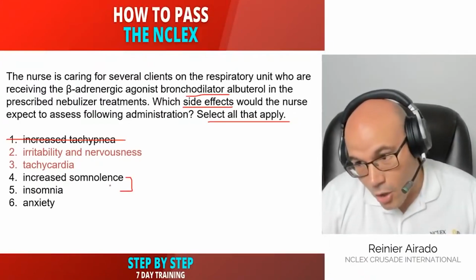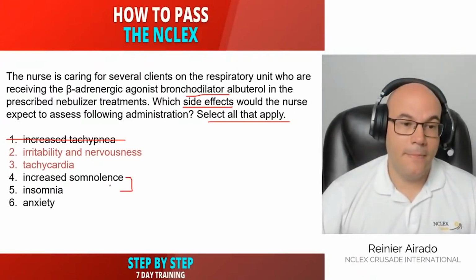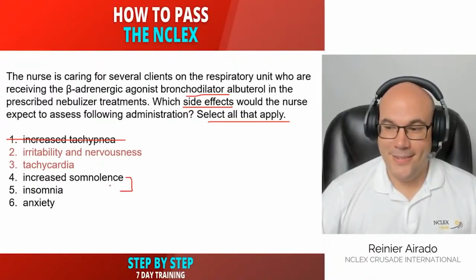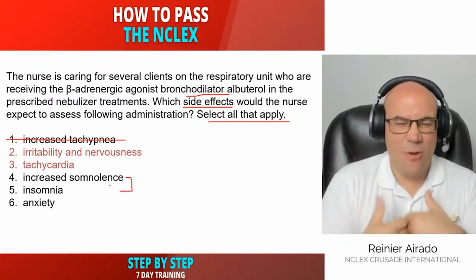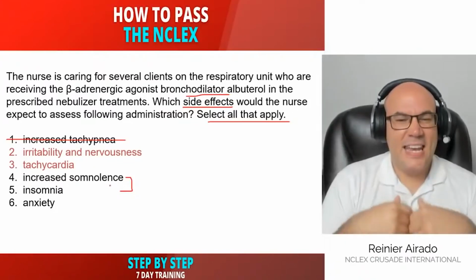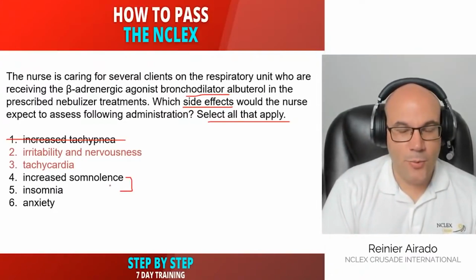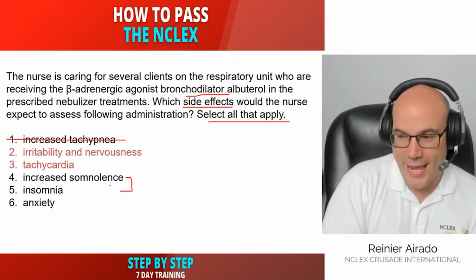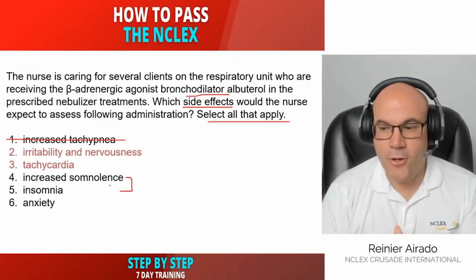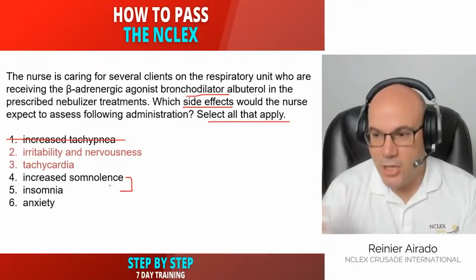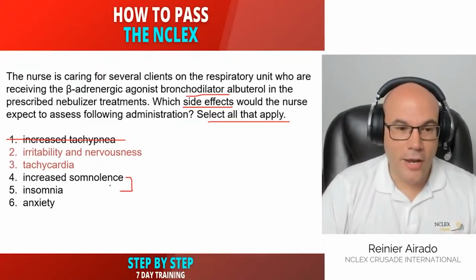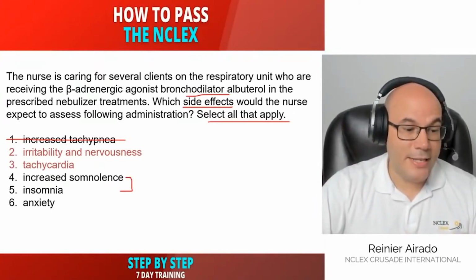Somnolence or insomnia? And look at the other answers: irritability, nervousness. Do you think the patient is going to have somnolence or insomnia if you see irritability, nervousness, and tachycardia? And answer number 6, anxiety.